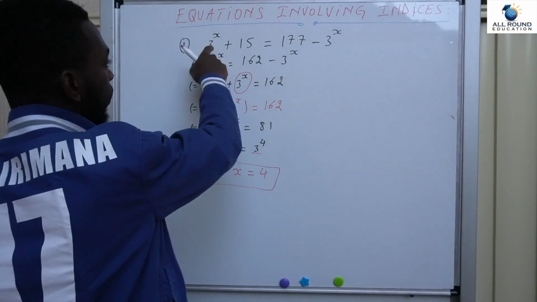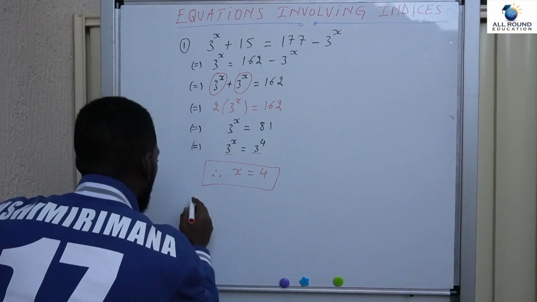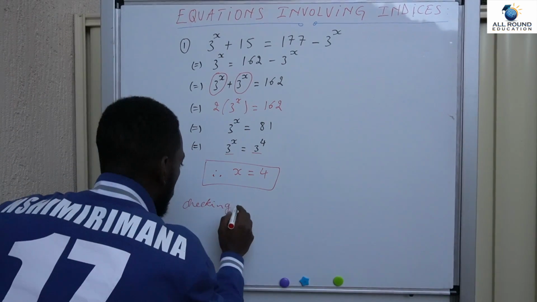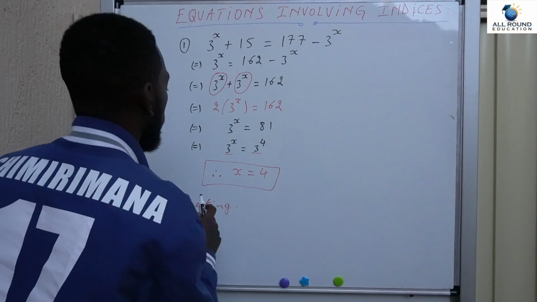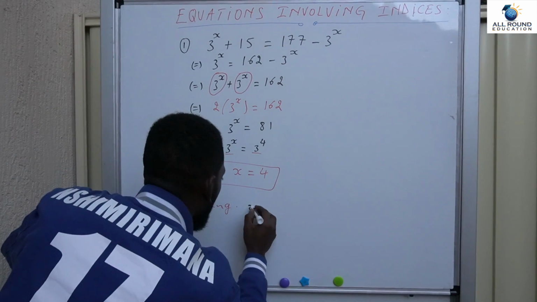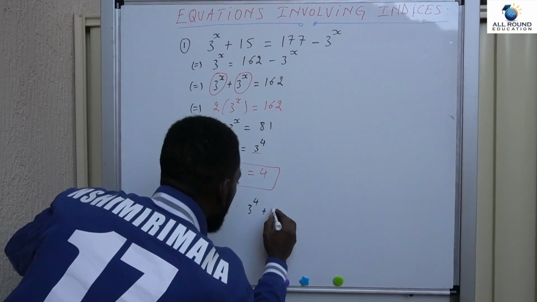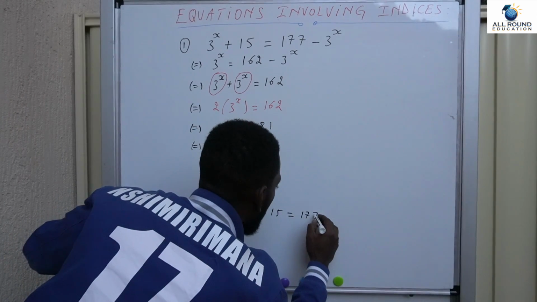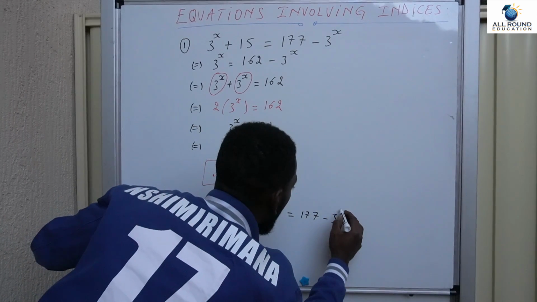Here we could do some checking. The way you check, you have 3 to the power of 4 plus 15 is equal to 177 minus 3 to the power of 4.